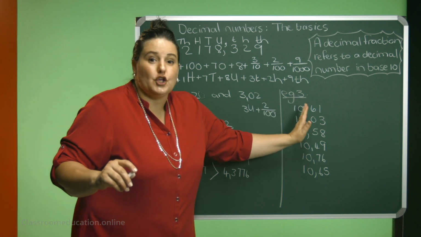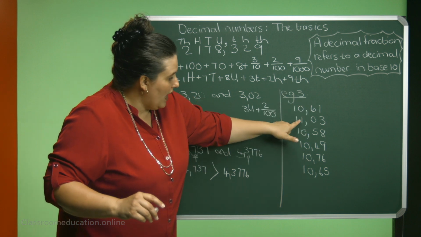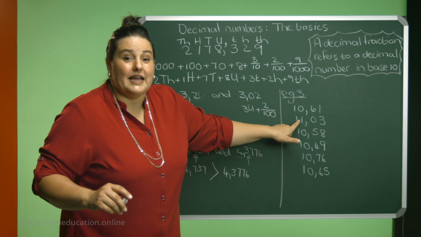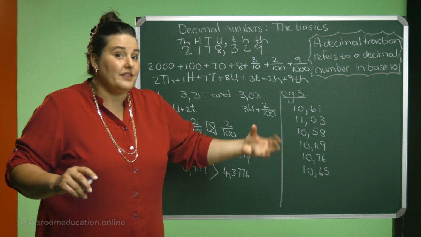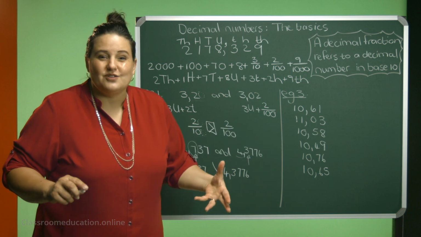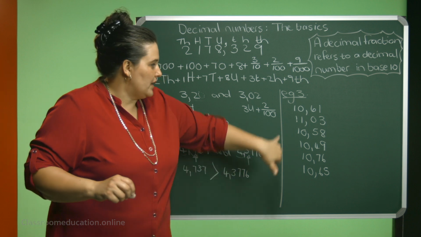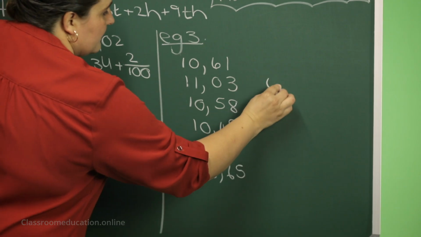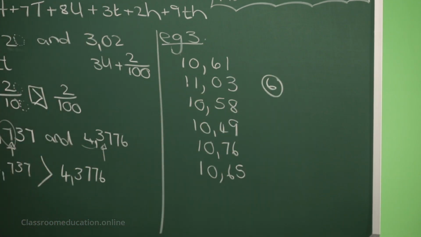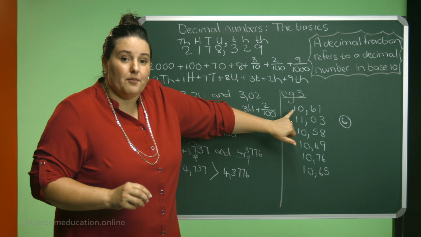Then I go to my units. 0, 1, 0, 0, 0, 0. I have that one. Does it mean that 11,03 won the race? No, sorry, she came last because her time is the biggest. So she will be 6th in place. Let's carry on with the comparison.